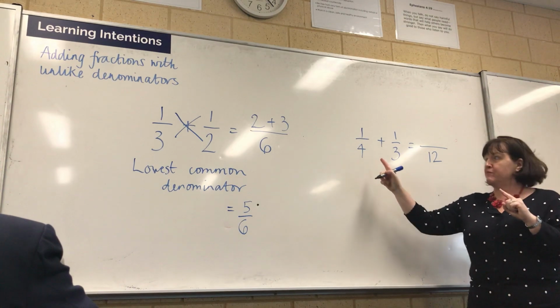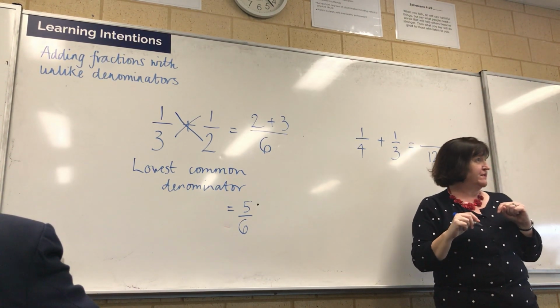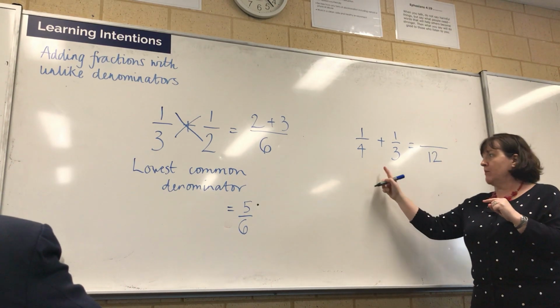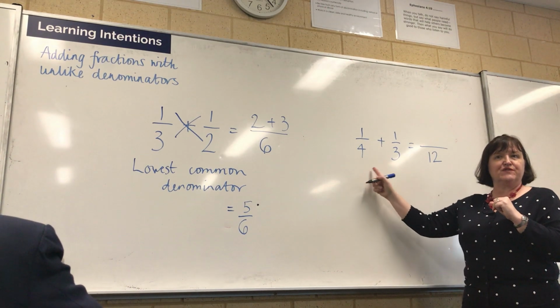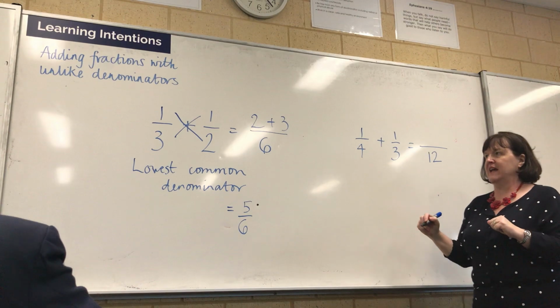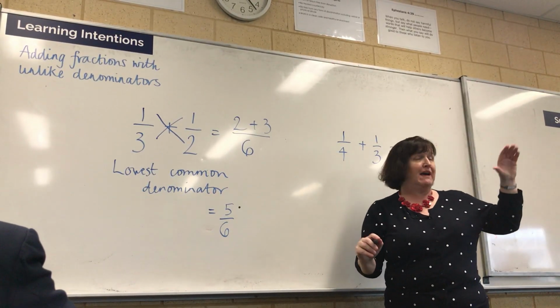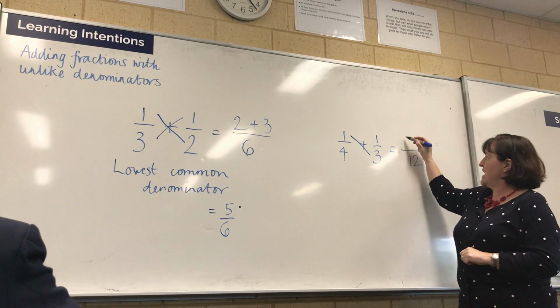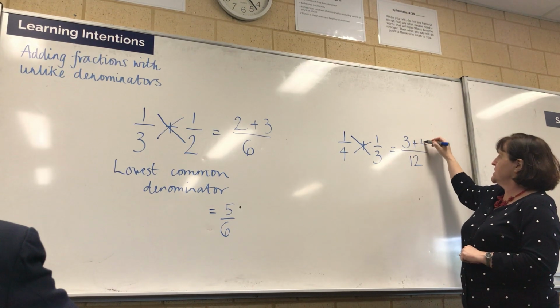Now, because we've multiplied 4 by 3 to get 12, we can do the cross-multiply method. If your lowest common denominator isn't the product of those two, you can't do cross-multiplying, and I'll show you an example of that later, but let's just look at this method first. You always start at the top left. 1 times 3 is 3. 4 times 1 is 4.